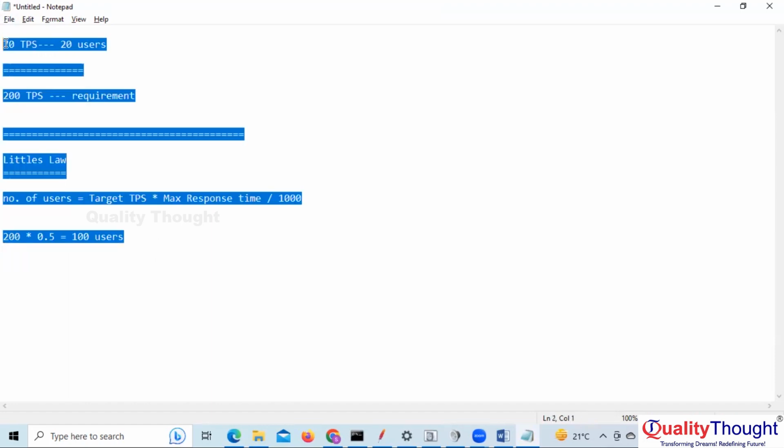See, if the client gives you the requirement that you need to run your test with 1,000 users or 2,000 users and achieve so and so target throughput, that is load test. But in some cases, you will not get the number of users. You will only get the target throughput which you need.